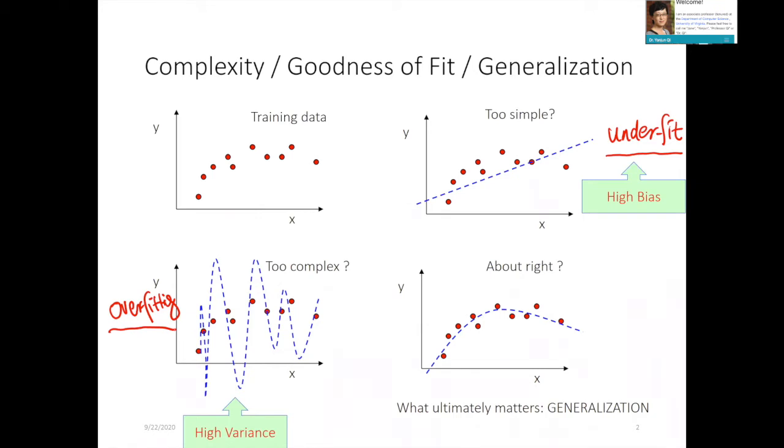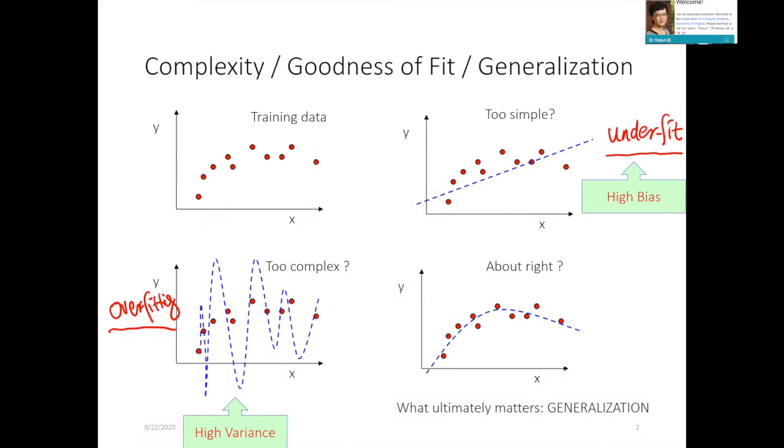This is called overfitting. In fact, the cause of underfitting is high bias, and the cause of overfitting is high variance. So this is the topic of today. We define what we mean by bias and variance, and why they are related to generalization.